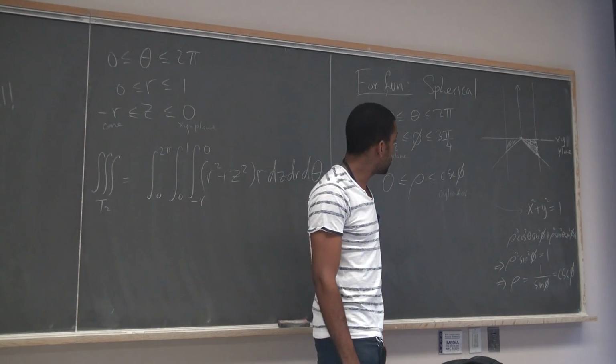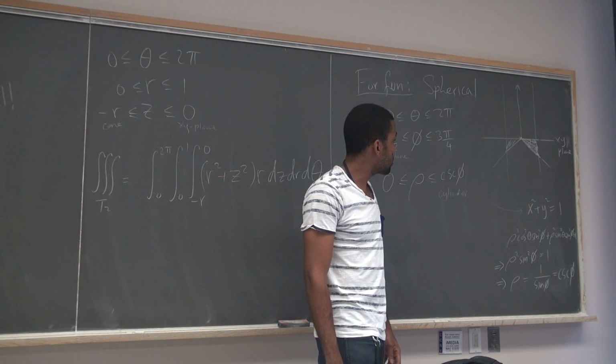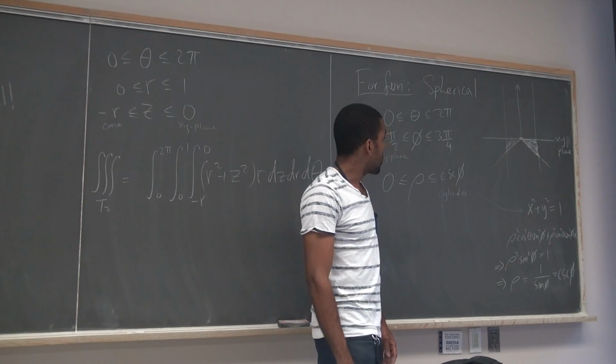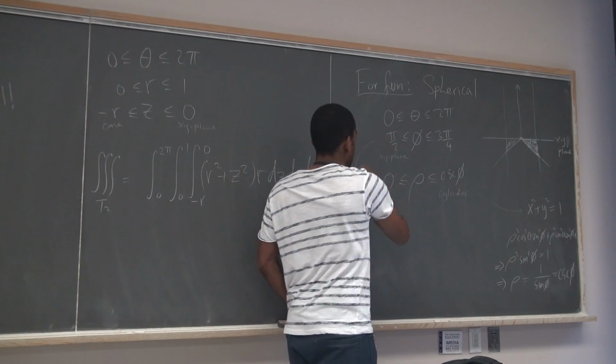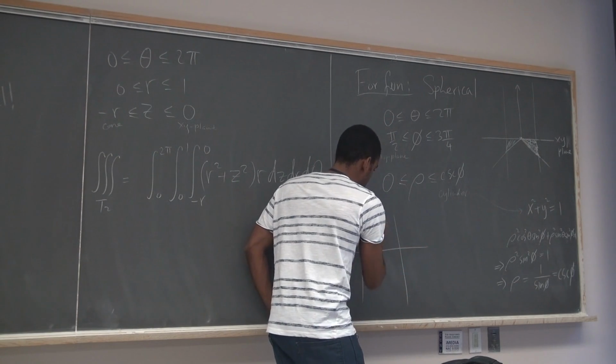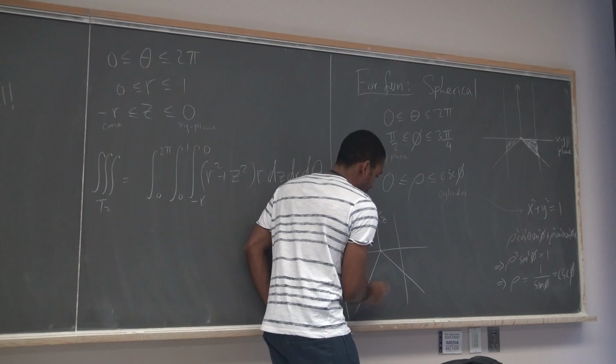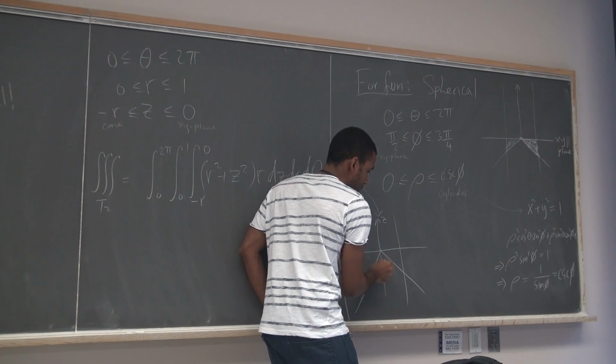How do you find the phi from pi over 2 to 3 pi over 4? That's the picture we're looking at, right? We had that cylinder here, and this was the z-axis, and then we had that cone. Last time we saw that the angle here was pi over 4.